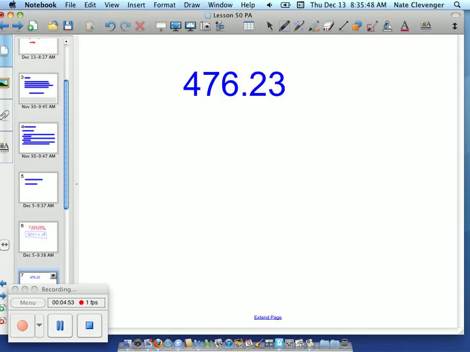Okay, writing this one in scientific notation, our first step is to put the decimal after our first number. Kelsey, what's our first number? 3? No, 4. In our number entirely, the 4. So we're going to put the decimal after the 4, and then I'm going to write everything else after that until I get to my zeros. Then it's always times 10.